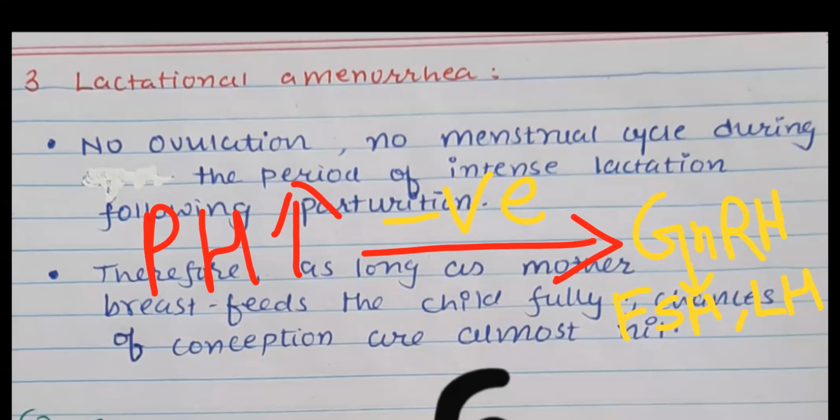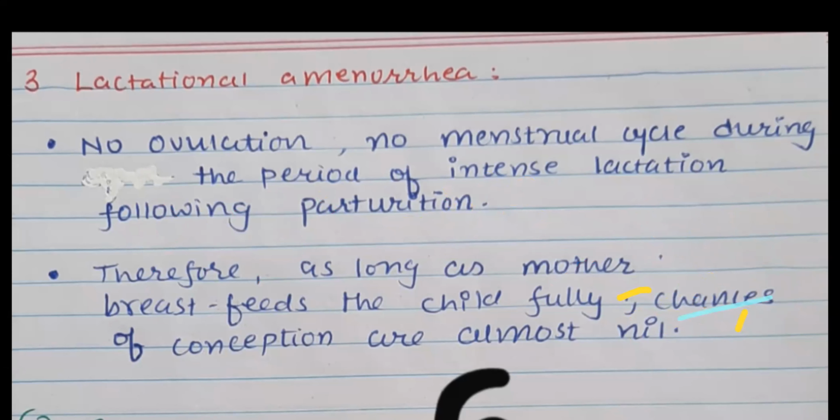But here the main principle is that the prolactin hormone level is high, and that gives a negative impact on gonadotropin releasing hormone. So FSH and LH will not form, and without them the menstrual cycle cannot occur. Without LH, no ovulation.